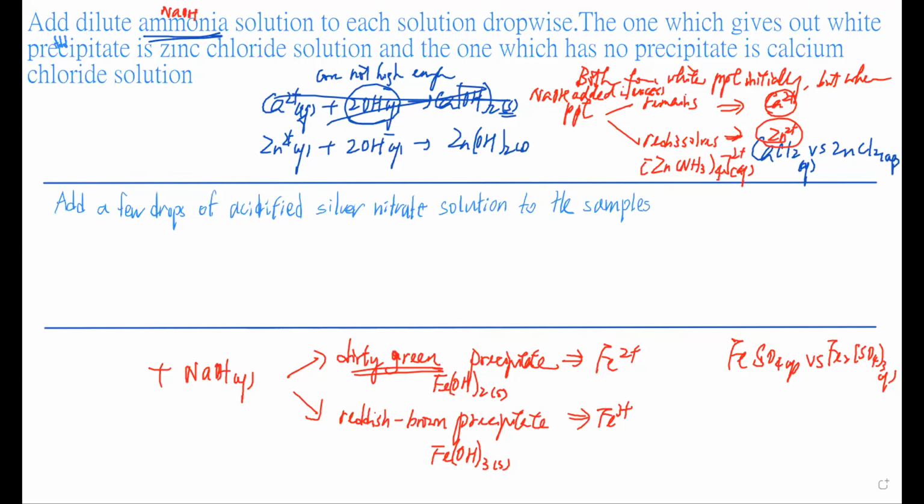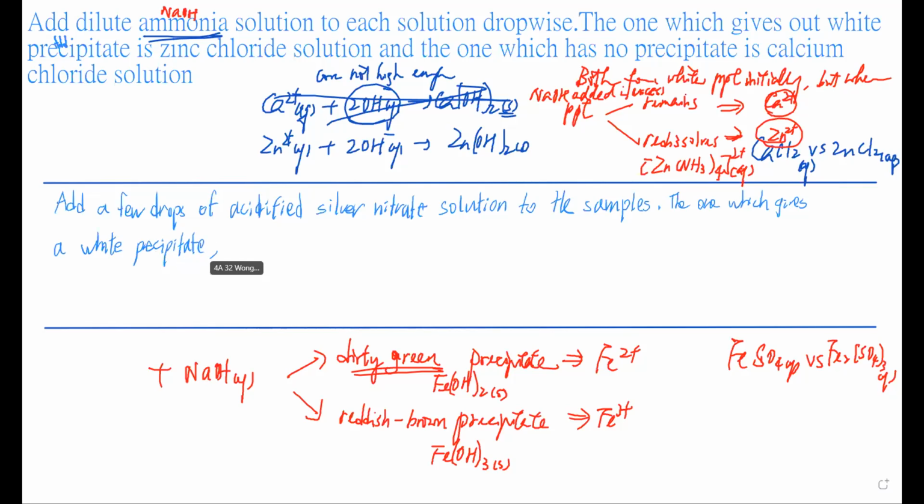Now, if somebody writes you want to test for the chloride ion, right? They want to test for the presence of chloride ion or absence of it. So add a few drops of acidified silver nitrate to the samples. The ones that give a white PPT.